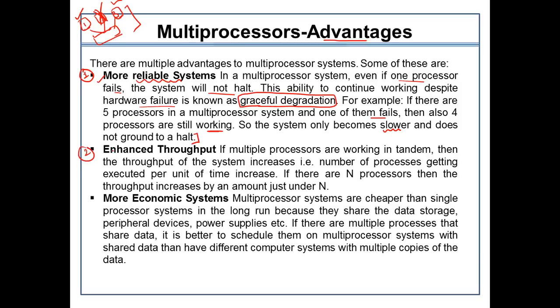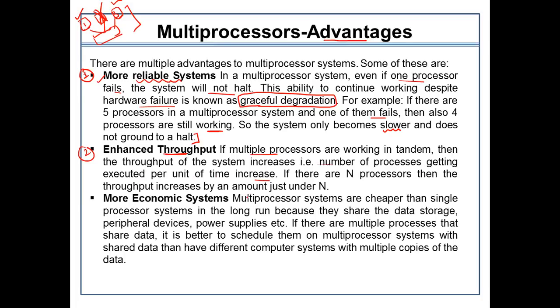Then the second point: you can enhance your throughput, definitely. If a number of processors are working together to perform one single job, the chances that your job will get done in less time increase, right? The throughput of the system increases because the number of processes executed per unit time increases.